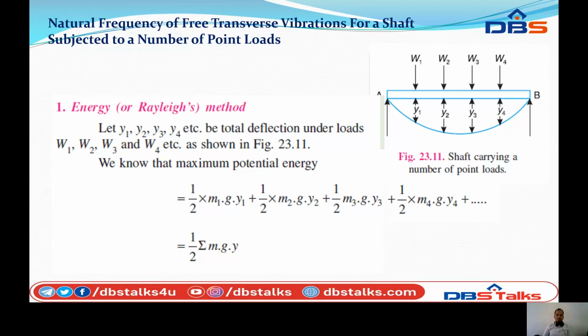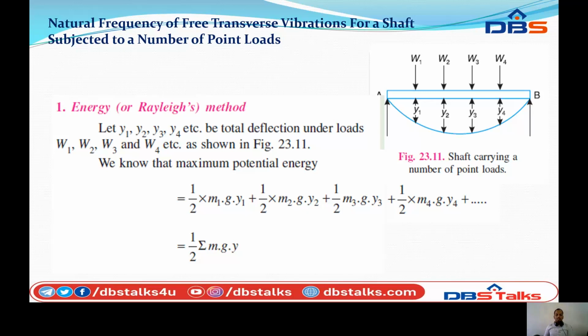Therefore, the natural frequency for this case will be solved by two methods. One is Rayleigh's method, the second one is Dunkerley's method. These are very important techniques for getting the natural frequency of free transverse vibrations when the shaft is subjected to a number of point loads.